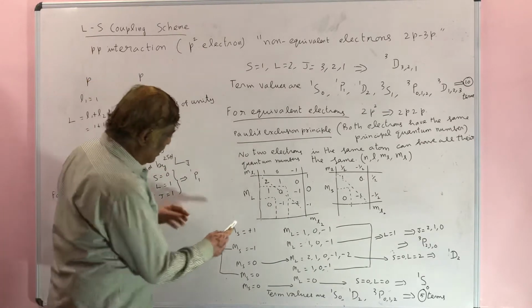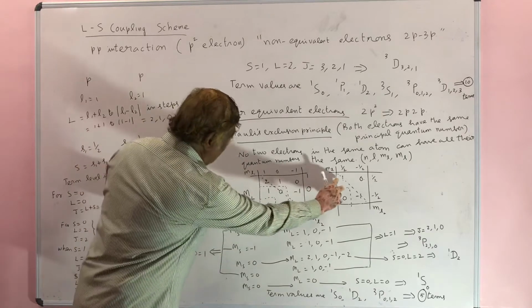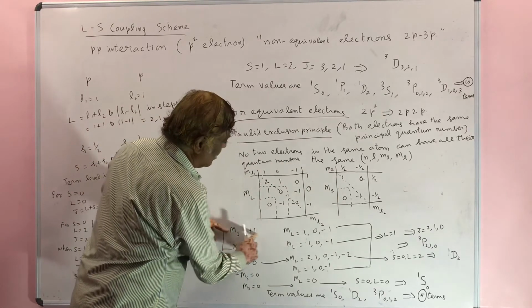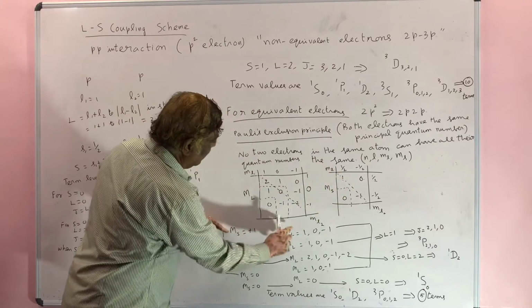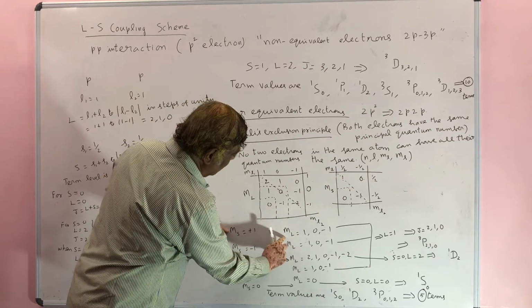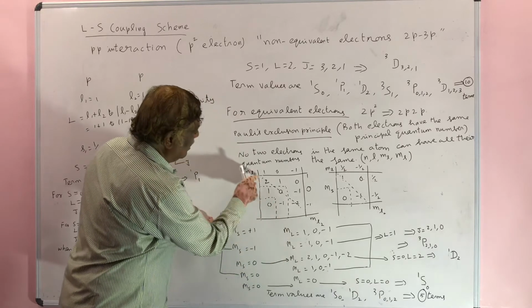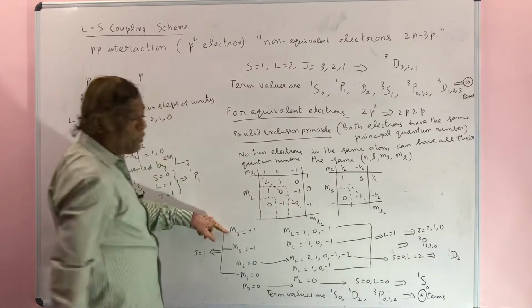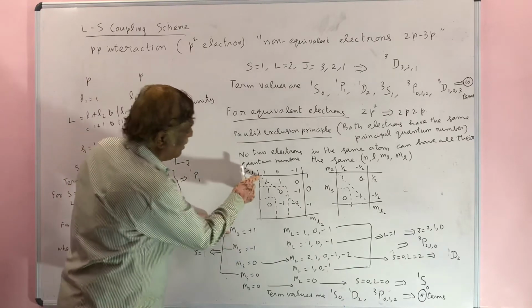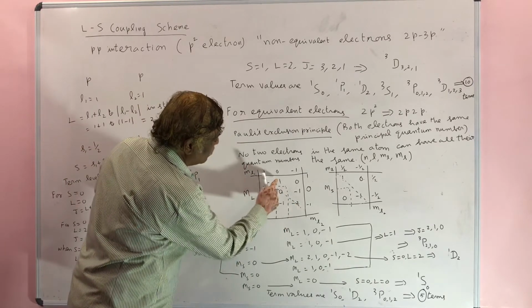So now let us take Ms, capital Ms, equal to plus 1. If you take this number, then you have to choose a number for Ml. Here, you should not choose this number. If you choose this number, Pauli's exclusion principle is violated. So you should not choose a number in the diagonal term.